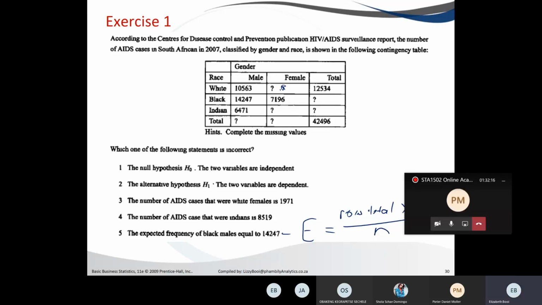Number 4, the number of 8 cases that were Indian. Therefore it means we're looking for this answer here.